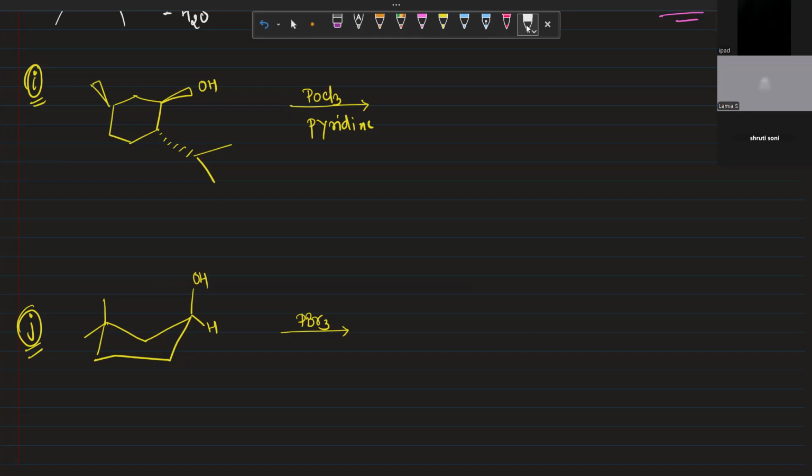E2. E2. Very good. POCl3 in presence of pyridine. And then SOCl2 in presence of pyridine in that case? SOCl2, it's going to be SN2, right? Yeah.